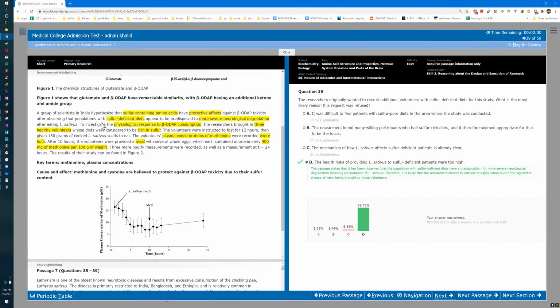So they brought in people whose diets were rich in sulfur, right? Now, if they gave these seeds to people who had sulfur deficient diets, they're going to get neurological degradation. So the reason they're not going to do that is because the health risks of giving these seeds to sulfur deficient patients are too high. They're going to get brain neurological degradation.